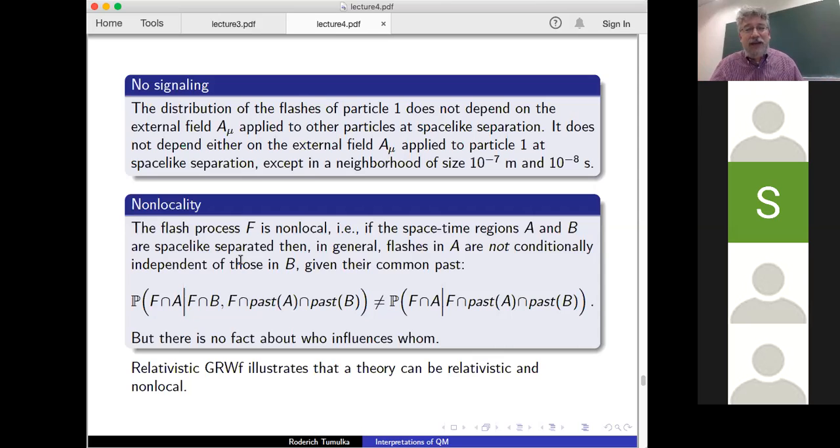So that's basically how this theory manages to be independent of the choice of foliation. It's fully relativistic, more relativistic than Bohmian mechanics, and yet still non-local. So this theory, relativistic GRW with flash ontology, illustrates that a theory can be relativistic and non-local.